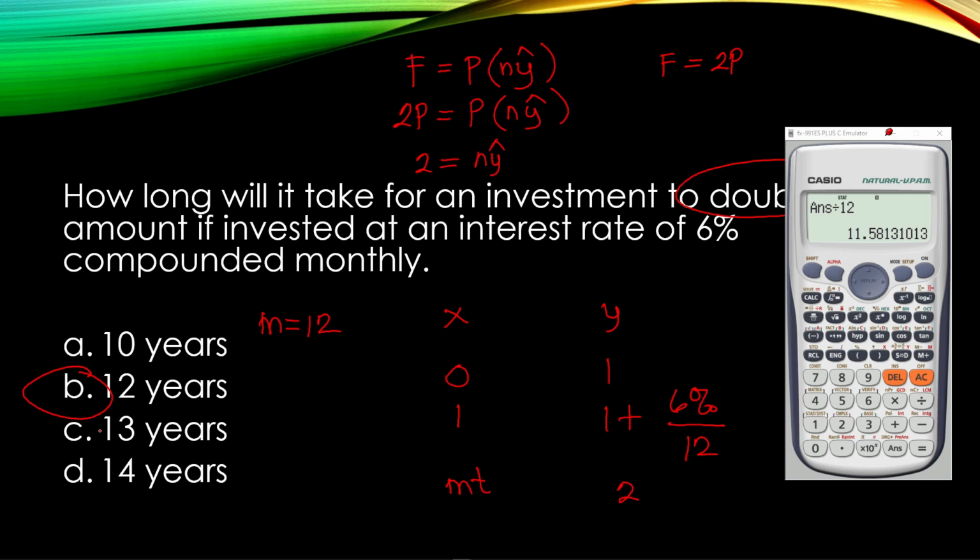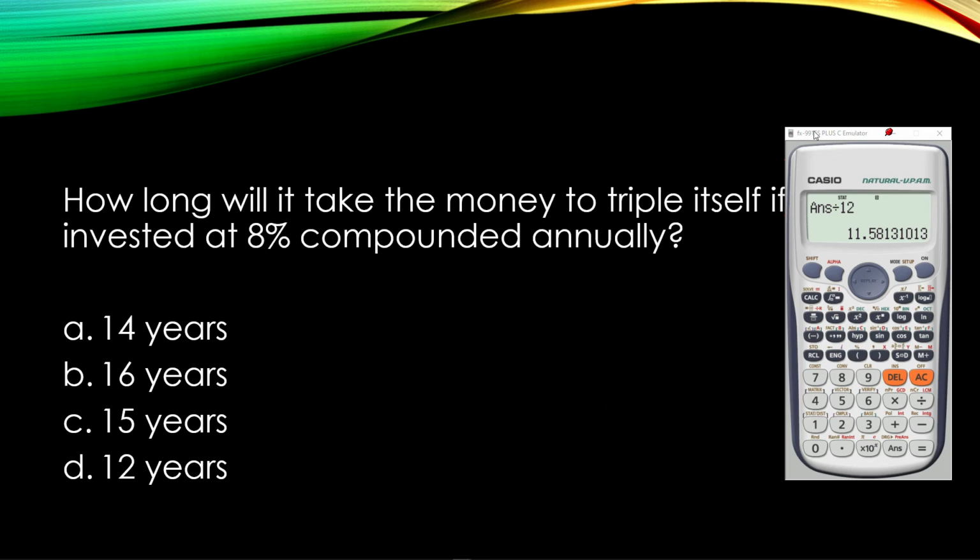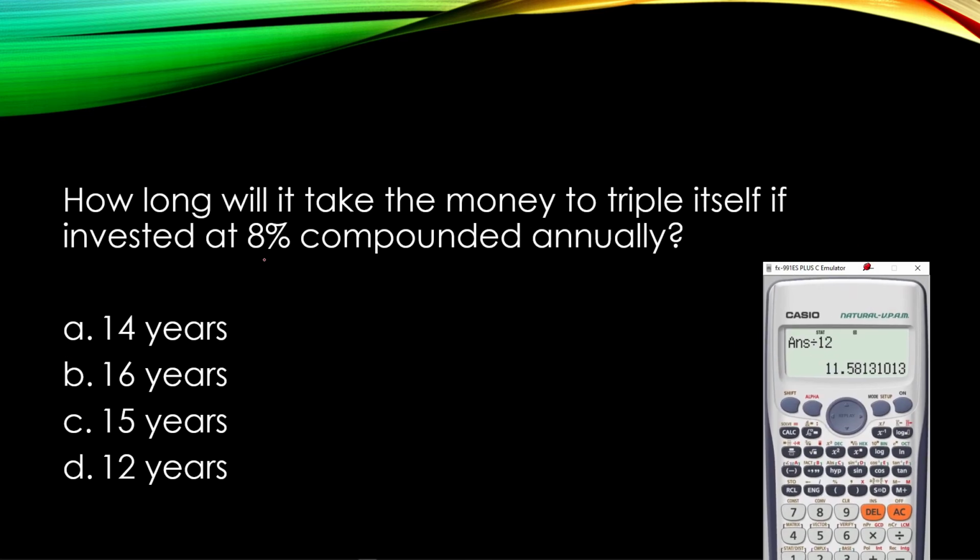Okay. Next question. How long will it take the money to triple itself if invested at 8% compounded annually? Same question. We could just get our M. This is compounded annually. Okay, we could just say that our M is 1. Di ba?